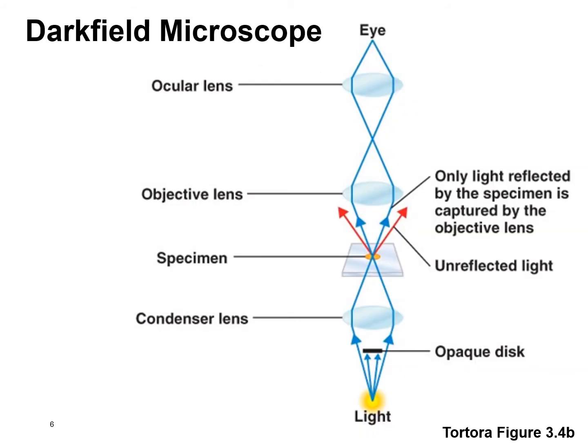You don't have to know this part at all, but if you're interested in how they create the image in the dark field microscope, this is how they do it. So they place a dark field stop, which is placed right above the light source. It's a piece of plastic that only lets the light through on the outer edges there and stops the light going through in the middle.